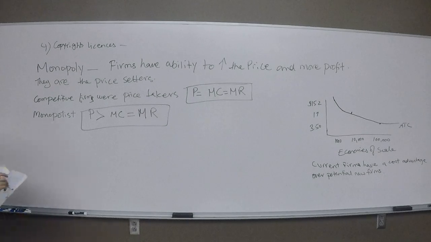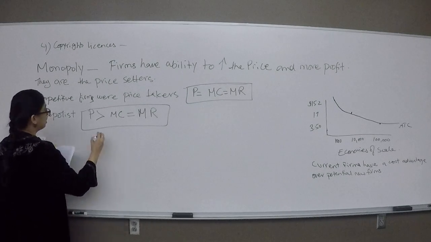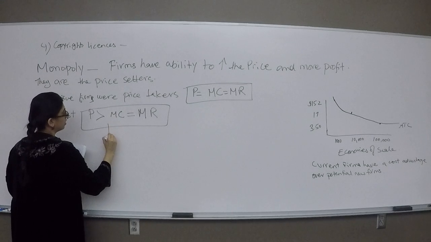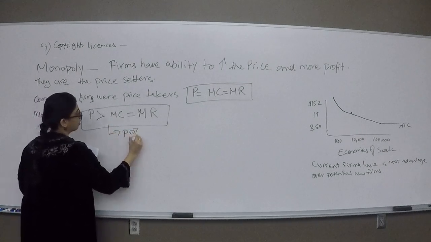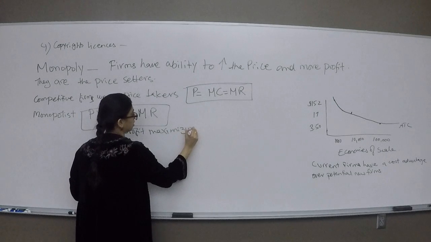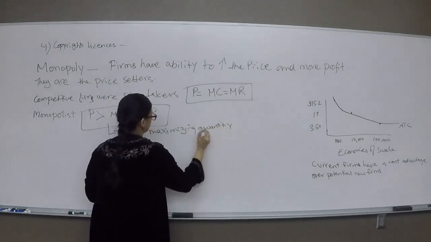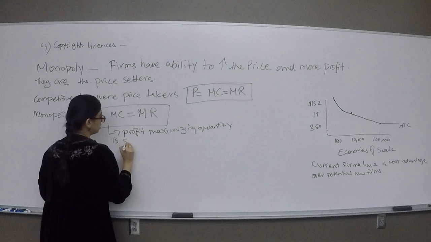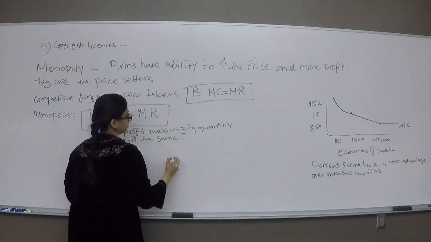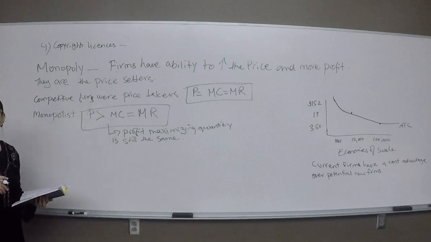So they will still produce, so the profit maximizing quantity is still the same, where MC is equal to MR.